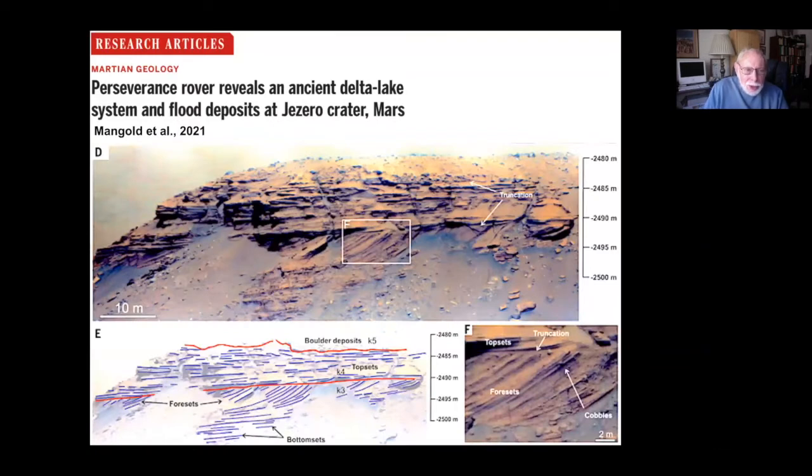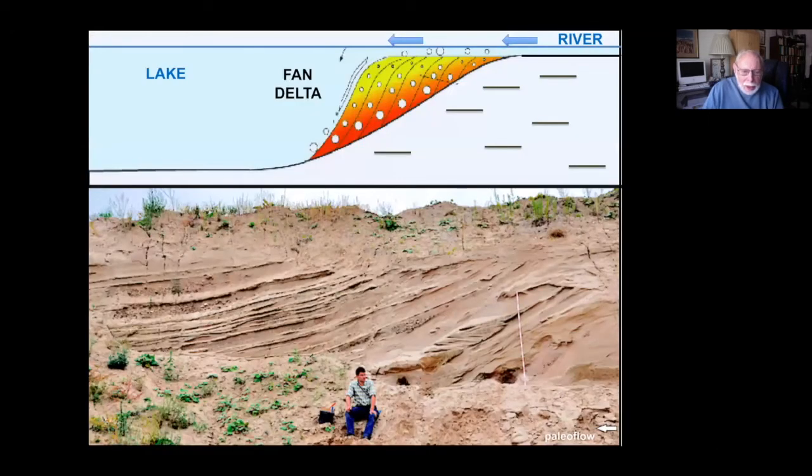And this past year, a paper was published in Science, and the minute I saw this particular photograph, this illustration, I knew that there had been standing water and rivers on Mars, because those inclined beds that are shown there at F, sort of in the middle, are present on Earth, and they only form really in one way, and that is where you get a river depositing sediment into a lake or other quiet body of water where it just piles up as these great big sloping surfaces.